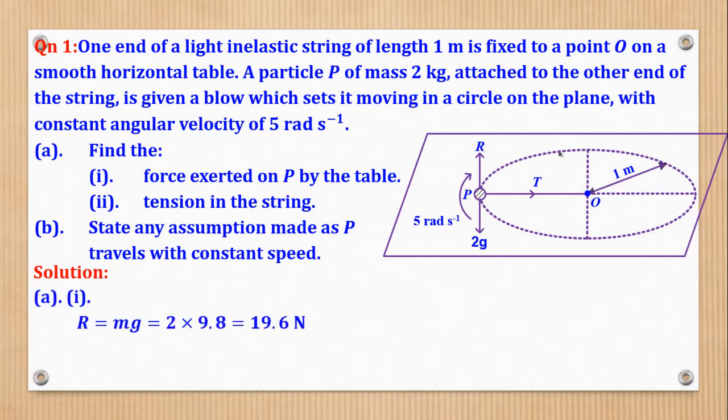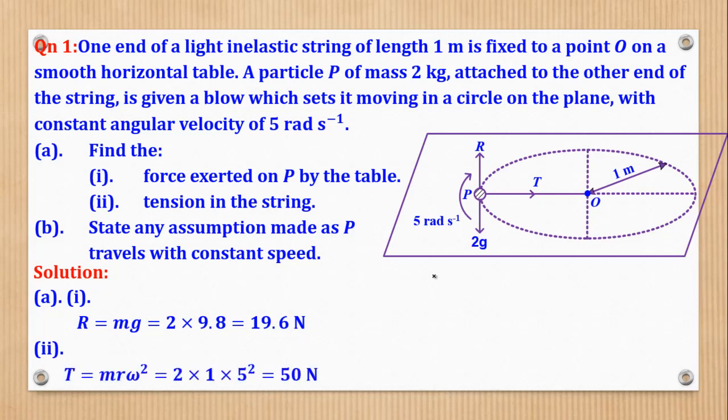So resolving vertically, we have R equal to mg. We already saw that. M is this, g is that. You come up with 19.6. That is Roman 1. They wanted the force exerted on P by the table. That is called the reaction. Then Roman 2, they want the tension in the string.